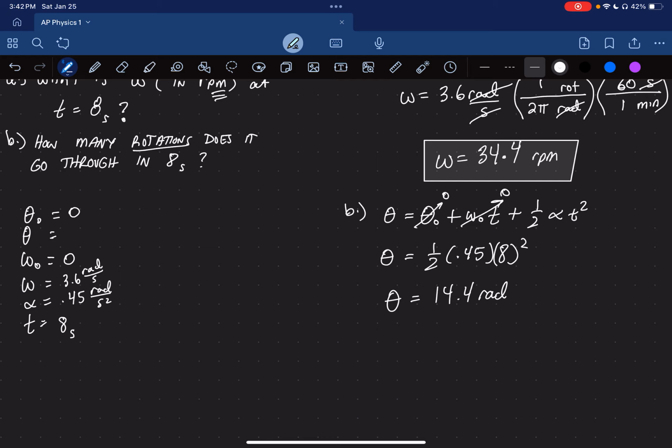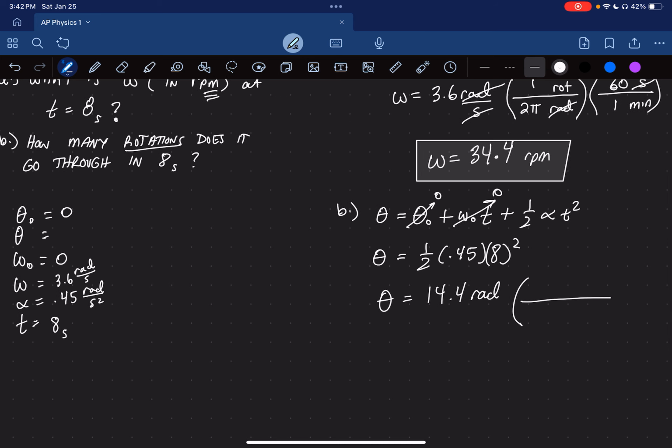But they want it in rotations. So how many rotations was 14.4 radians? We'll have our conversion factor. Radians is on the bottom, rotations is on the top. One rotation is 2 pi radians. The radians will cancel. So this is 14.4 divided by 2 pi.